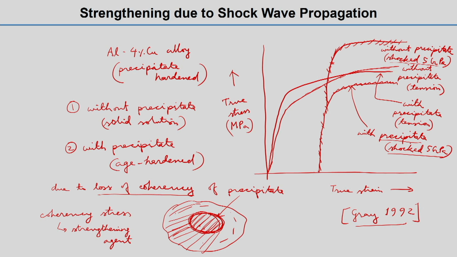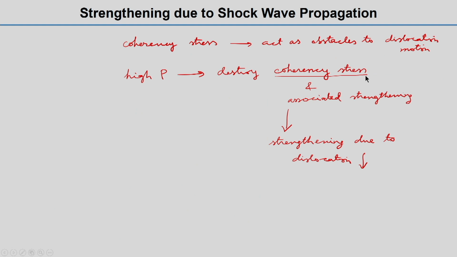Because these two curves are shock loaded at 5 gigapascal, due to shock loading, due to high pressure, the coherency stress is destroyed, that is the coherency in between the precipitate and the matrix, that interface. So, that decreases the associated strengthening, that means the obstacles to dislocation motion are reduced and then the strengthening decreases. So, that is why we see the differences.